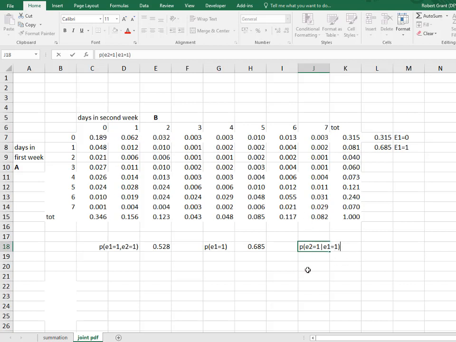So that gives the conditional probability. We need to calculate quite a few of these to fill in the table. And this is equal to that one divided by that one.